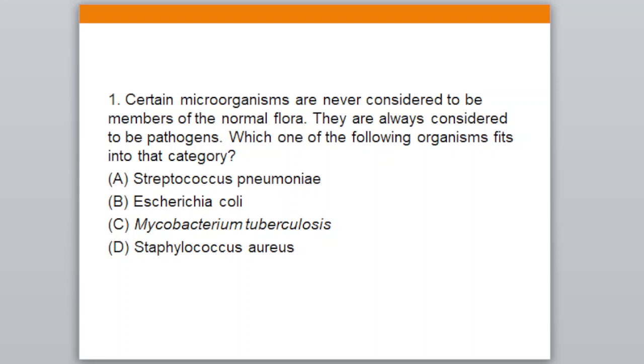Question number 1. Certain microorganisms are never considered to be the members of normal flora. They are always considered to be pathogens. Which of the following organism fits into the category? Option A. Streptococcus pneumoniae. Option B. E. coli. Option C. Mycobacterium tuberculosis and option D. Staphylococcus aureus.